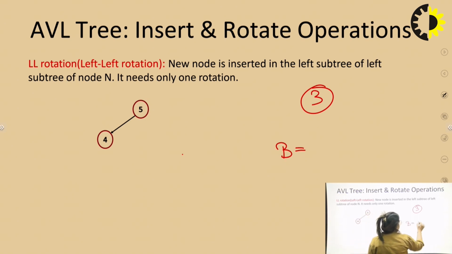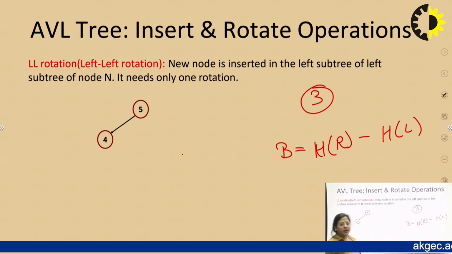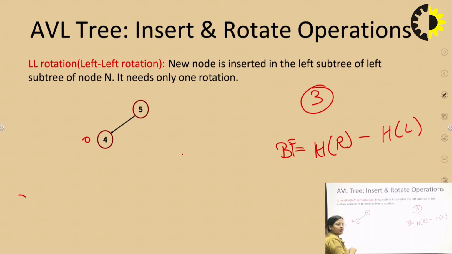The balance factor is the height of the right subtree minus the height of the left subtree. So first check the balance factor BF of 4. The left subtree height is 0 and the right subtree is also 0. Right minus left is 0. The balance factor of node 4 is 0.